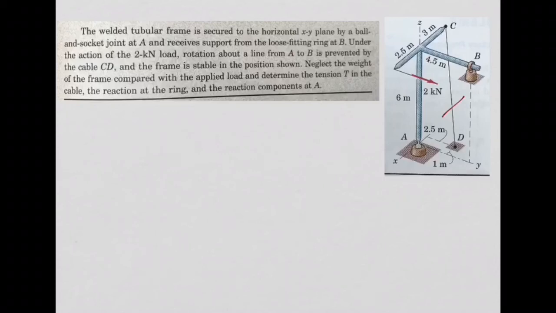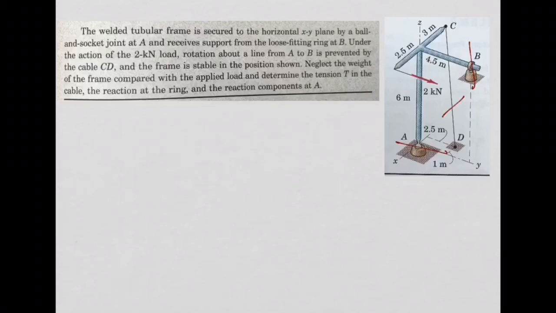I will have to cut our cable so that by breaking the connection on the cable, I can replace that connection with the tension in the cable or with the force in the cable, right? So I will need to cut the cable and I will need also to separate the supports. Basically, I will need to separate this frame from the supports. So I will need to break up the connection at this support, at this hinge, at point A. And I will need to break up the connection of the frame with support B.